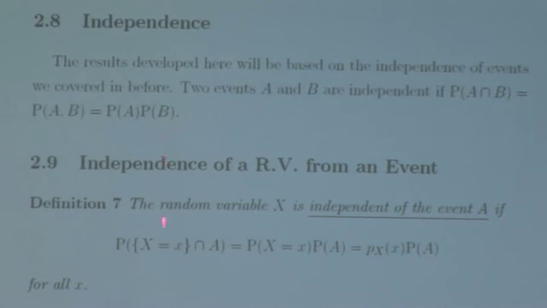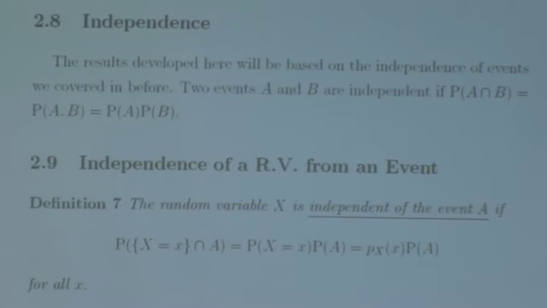So this means regardless of whether event A happens or not, the probability that X takes the value x is equal to the PMF of X at that value. It doesn't change. So the distribution of the random variable X does not change when information about event A is given. That's very intuitive.